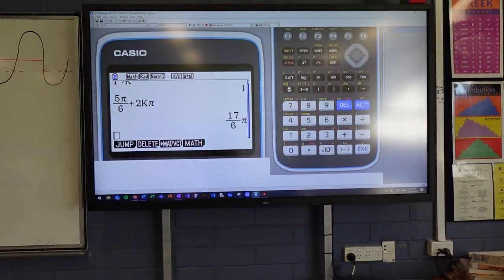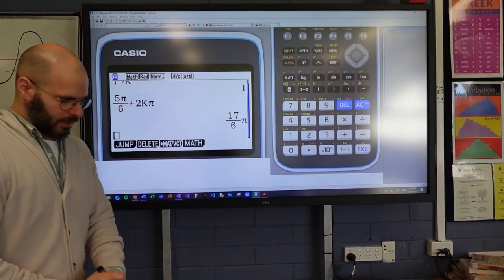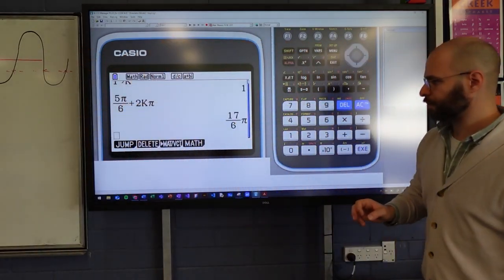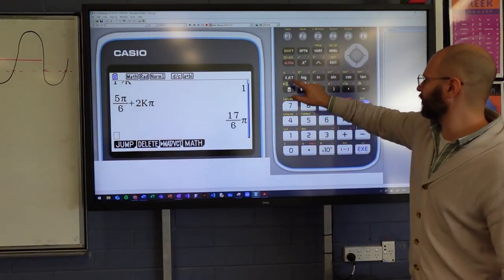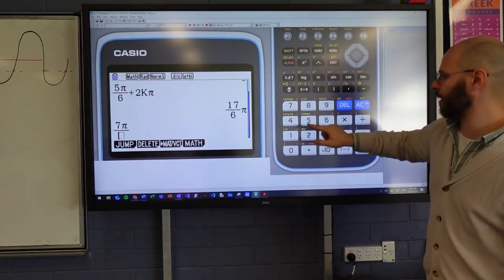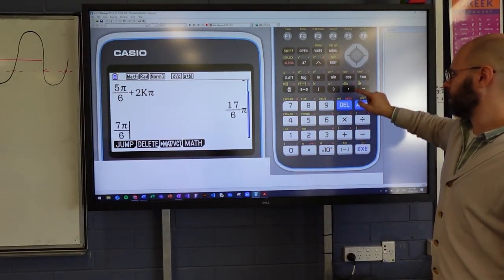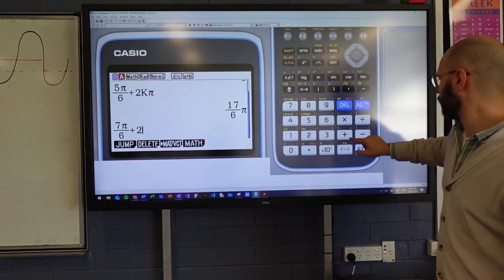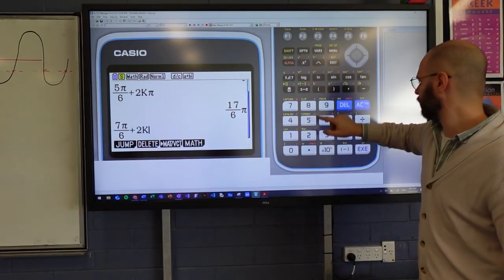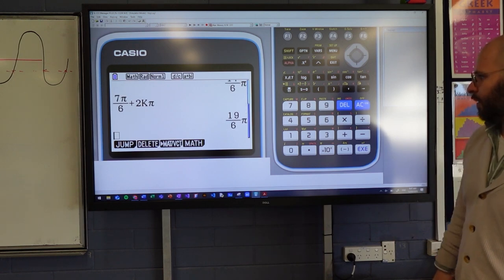So the first answer is going to be 5 pi on 6. The second answer is going to be 7 pi on 6, as we expected. The third one's going to be 17 pi's on 6. And then to find the final solution, we simply put in the 7 pi over 6 plus 2k pi. And booyah.